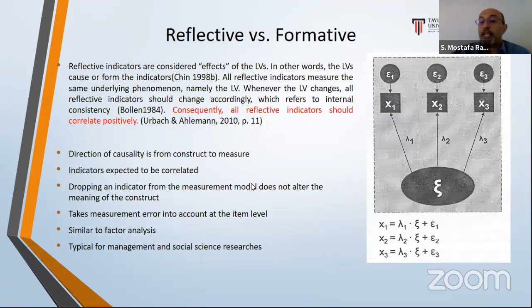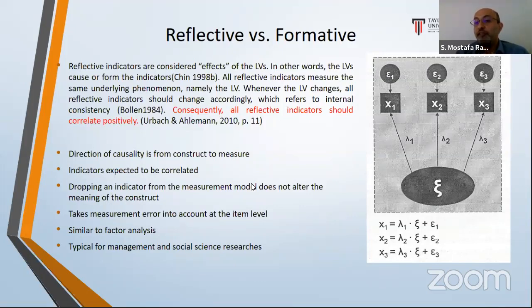If our construct is reflective, we need to apply some specific criteria for assessment of the measurement model. But if it's formative, causal formative, or composite formative, we need to apply other criteria. So we need to understand the nature of the construct. This is one main reason.